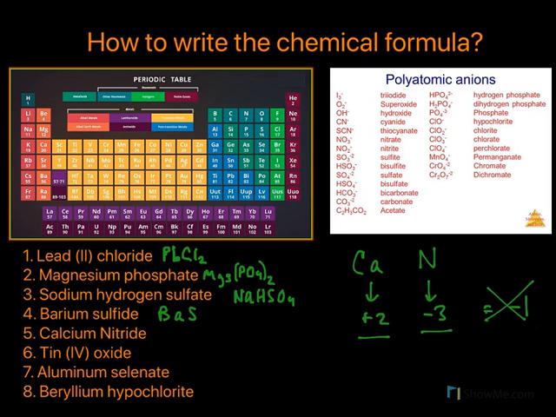So we need to have 3 calciums and 2 nitrogen atoms. If we do that, then we have a plus 6 here and a minus 6 here, times 3 here and times 2 here. So we need 3 calciums and 2 nitrogens, so that this adds up to a net value of 0.